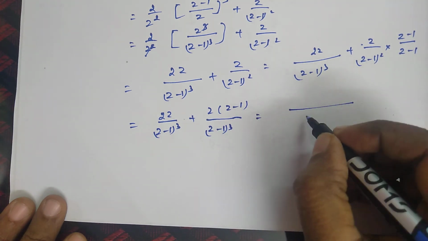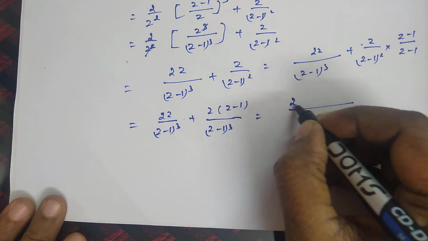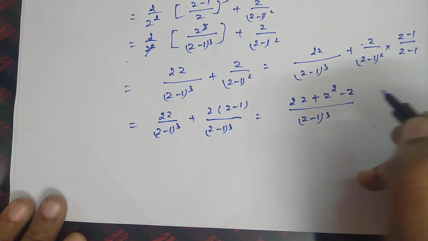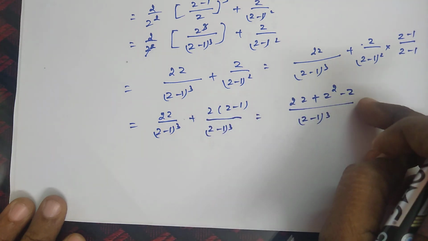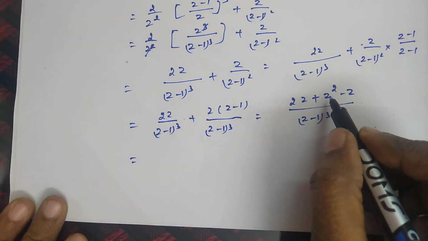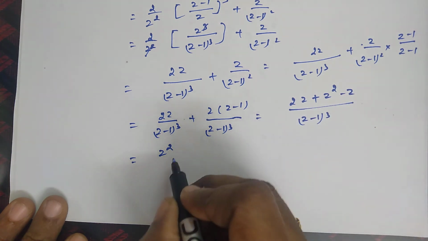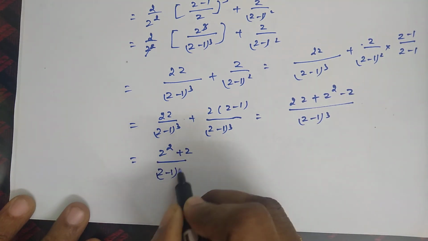So we can write this one as z minus 1 the whole cube, and the numerator 2z plus z square minus z. We multiply this, z square minus z. Now this is nothing but z square we can write first, then 2z minus z. So plus z divided by z minus 1 the whole cube.